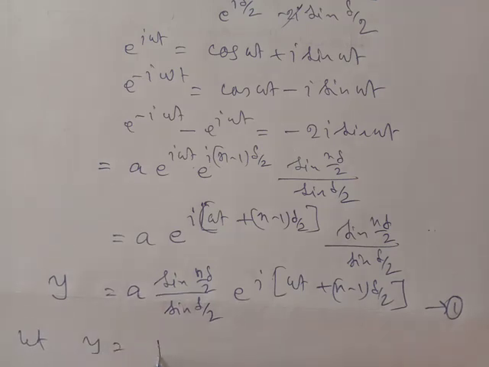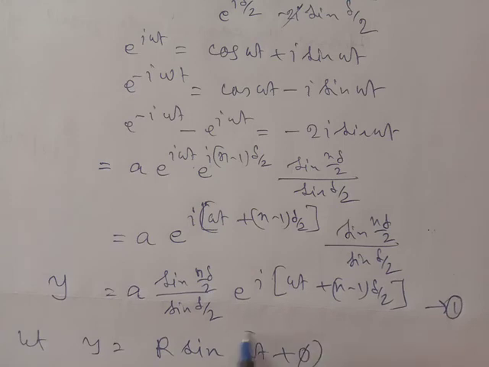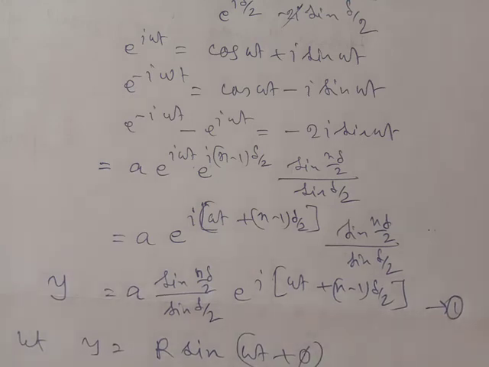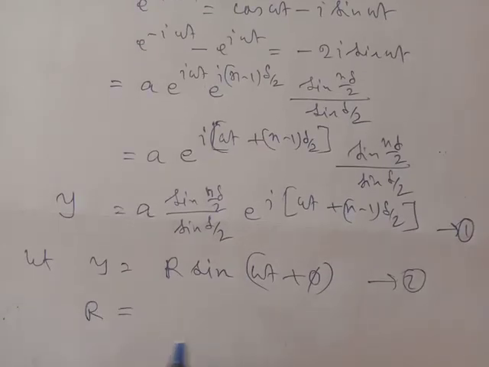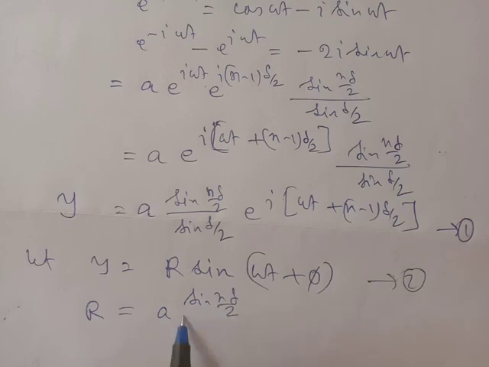Okay, let y is equal to r sine omega t plus phi be the resultant displacement. So equation number 2. Comparing 1 and 2, we have what is r? r is equal to a sine n delta by 2 divided by sine delta by 2.